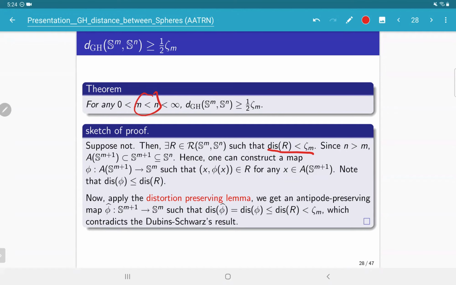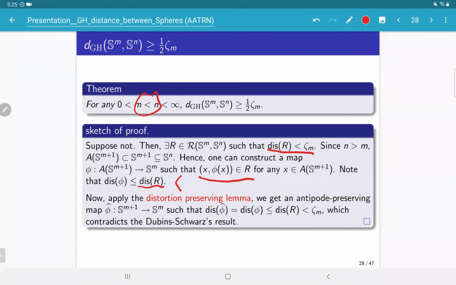Now, we build the following map phi from A of S^(m+1) to S^m, such that for any point x in A of S^(m+1), the pair (x, phi of x) must be contained in this correspondence R. We can make such a phi because R is a correspondence. Furthermore, the distortion of phi is less than or equal to the distortion of R from the construction.